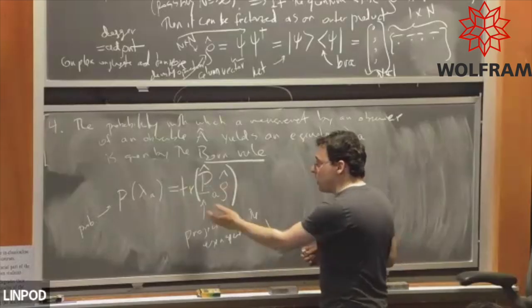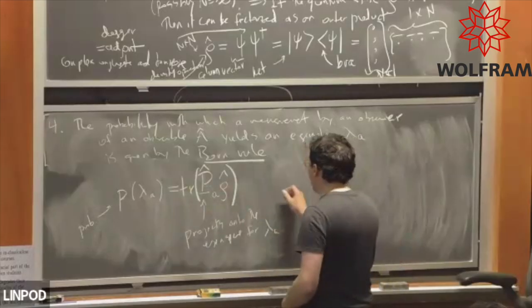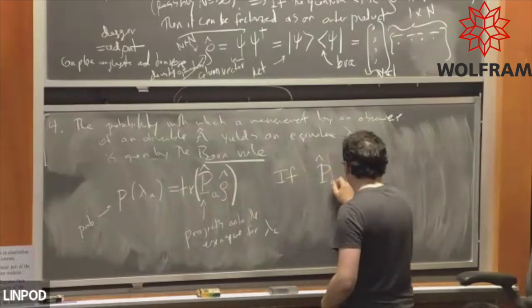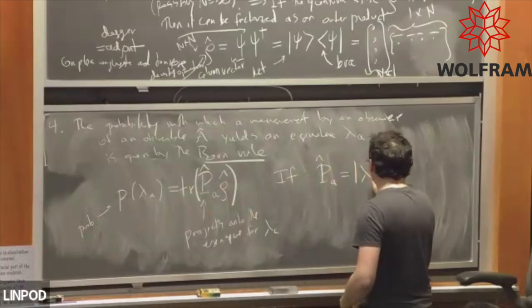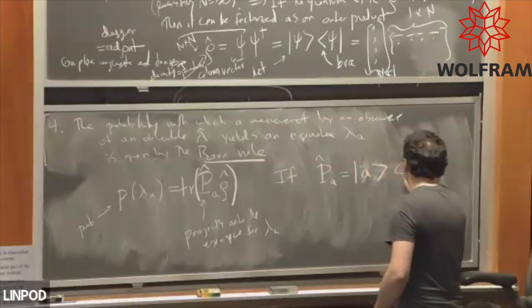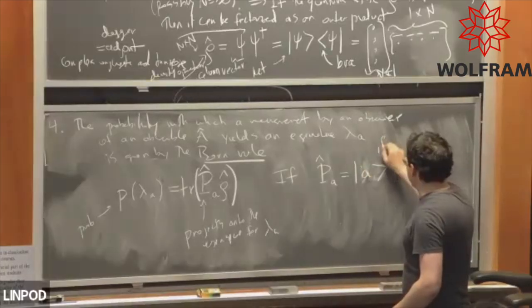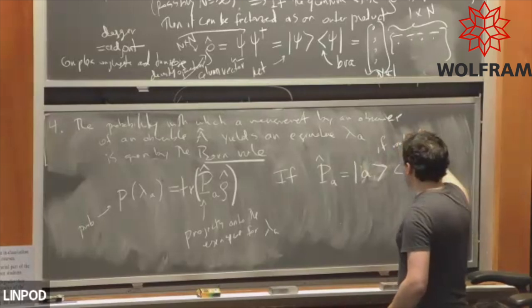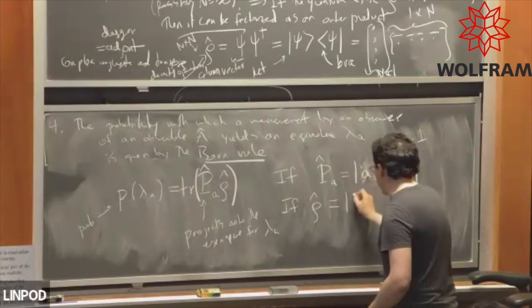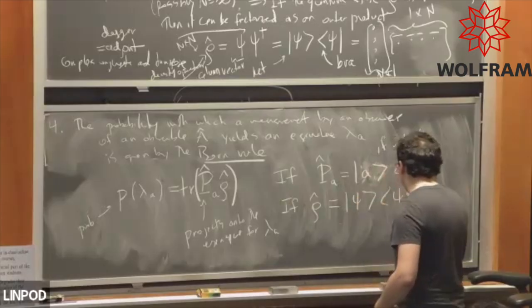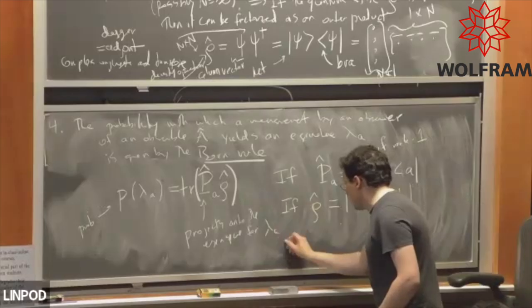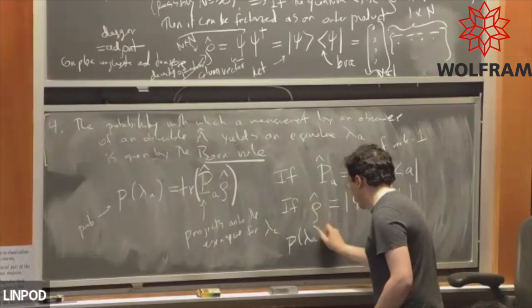Now, this is not the most well-known version of the Born rule. If the projector happens to be rank 1, then it is simply an outer product of this form. It is also an outer product if rank 1. And if the quantum state itself is also rank 1 and is expressible as an outer product as well, if they're both rank 1, then this formula simplifies further.